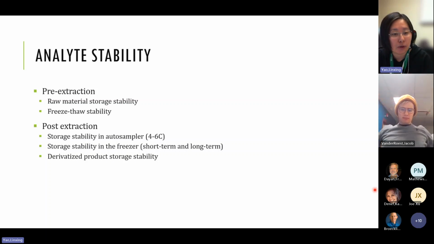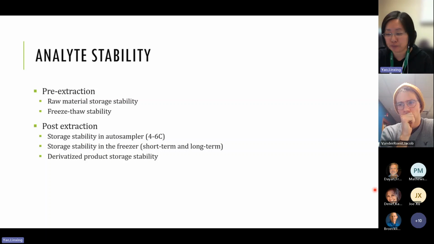And will the sample extract be stable over time when stored in the freezer, so it can be reanalyzed if needed? And if derivatization is involved during sample prep, we also want to evaluate the stability of the derivatized sample.